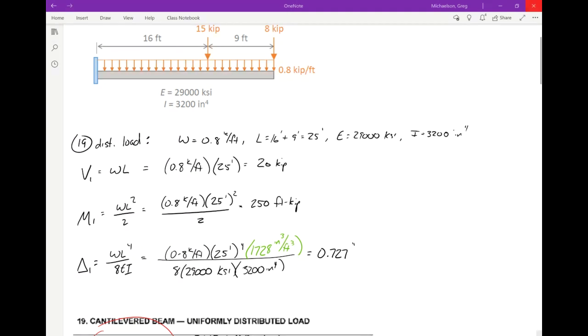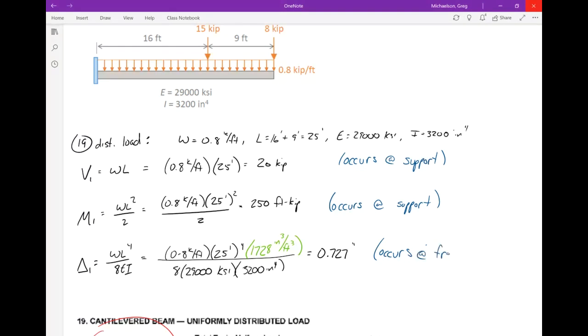Okay, good. Now, as for the locations, remember, the moment and shear occur at the support, and the deflection occurs at the free end.